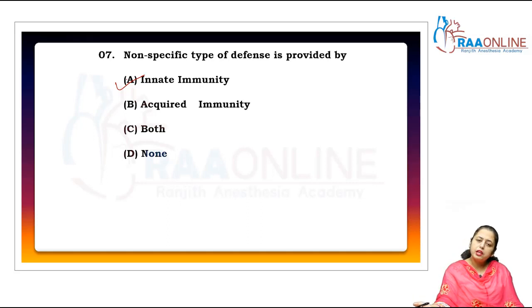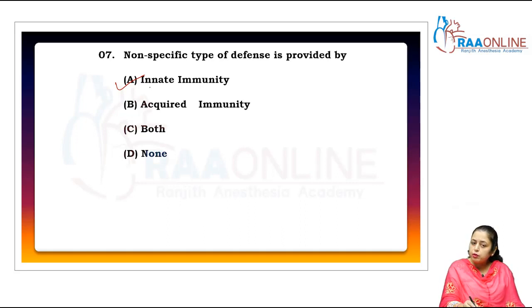After that, B lymphocyte produces the antibodies by the use of the antigen of that particular causative organism, right? That kind of immunity is called acquired immunity, which is produced in our body according to the requirement and according to the entering of the particular microorganism.